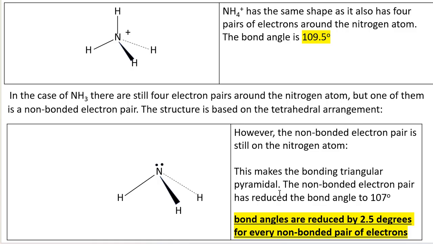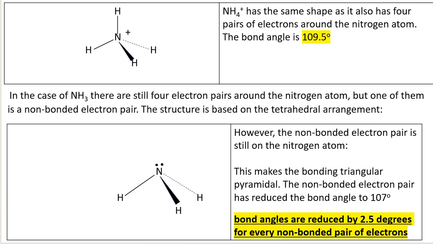I don't have a bond above, I've just got 3 bonds below the nitrogen. 1 in the plane of the paper, 1 coming out towards me, 1 going away from me, giving me a triangular-based pyramid. The non-bonded electron pair has reduced the bond angle to 107 degrees.